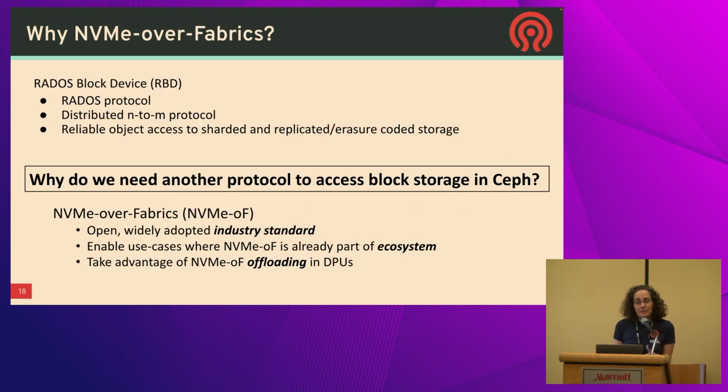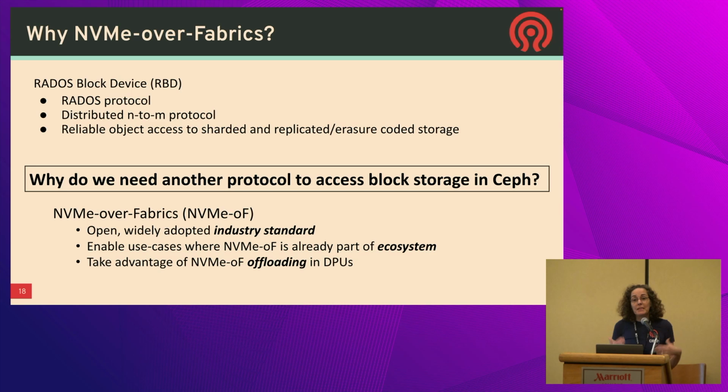But why does Ceph need a protocol like NVMe-over-Fabric? We have our own block protocol, RBD. The reason is that to use RBD, you need a client, and it's not always available, or sometimes the user doesn't want to use a Ceph client, or maybe the operating system doesn't have the Ceph client because it's proprietary, like Windows.